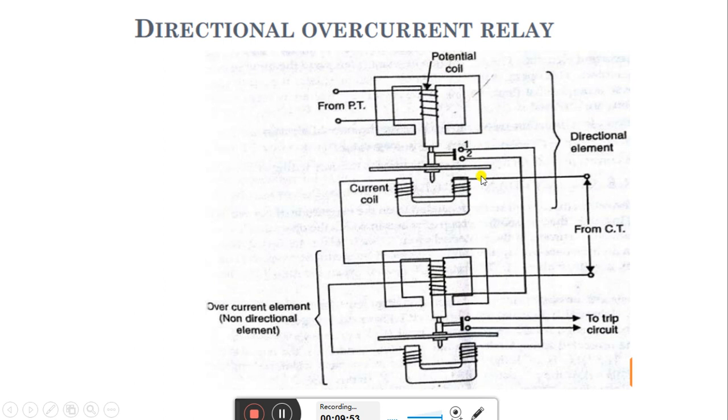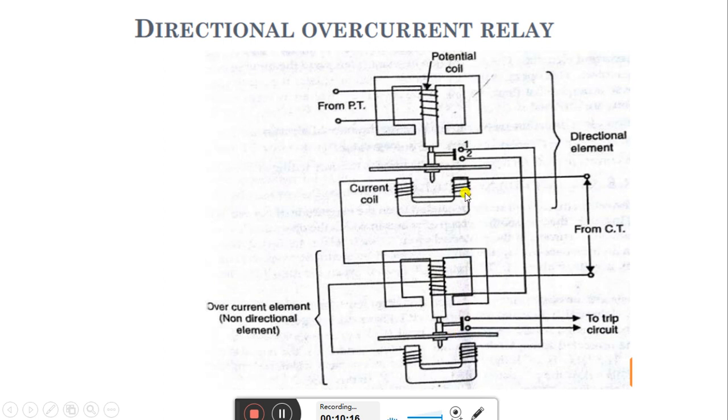That's why the upper portion is called the directional element and the lower portion is called the overcurrent element, the non-directional element, because in both its coils only current is supplied, and no voltage is supplied.